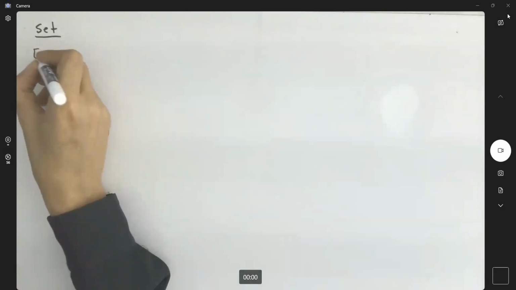We talked about sets, and we can talk about other elements that come from a set. Let me give you one example.